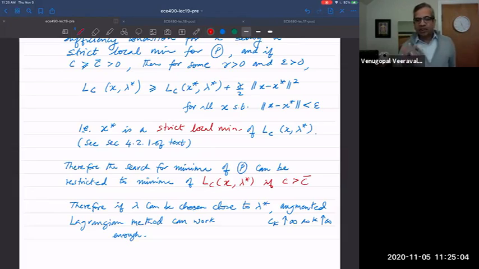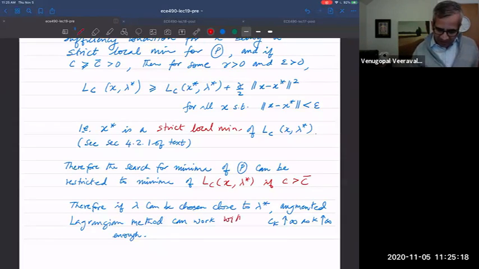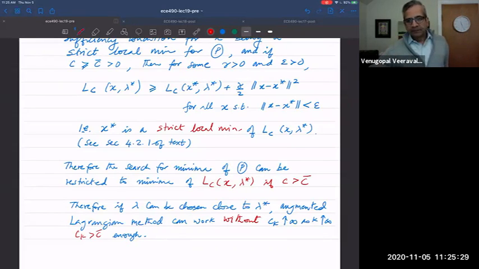If you can somehow choose lambda close to lambda star, you may not know what lambda star is beforehand, but then the augmented Lagrangian method can work without having to make ck go to infinity. So ck bigger than c bar is enough. Let's do an example, and then I will talk about how we might choose lambda close to lambda star without actually solving.